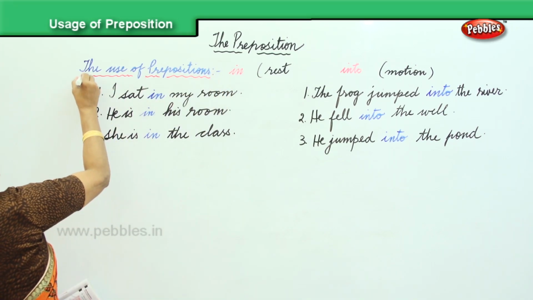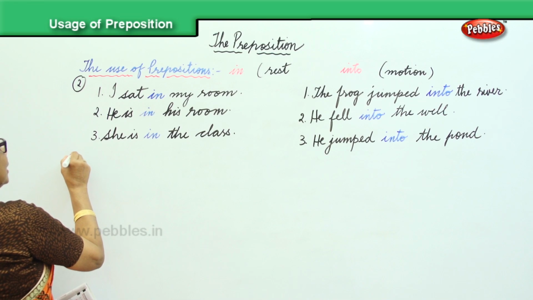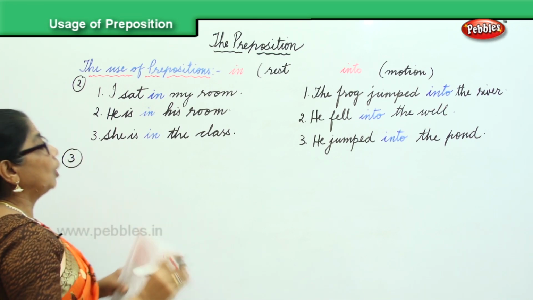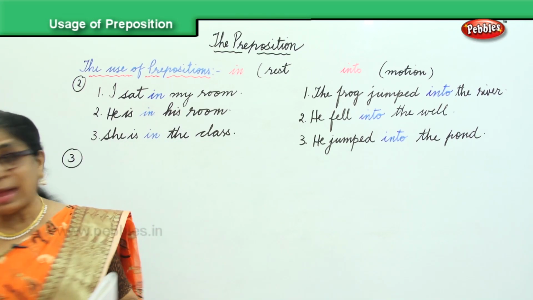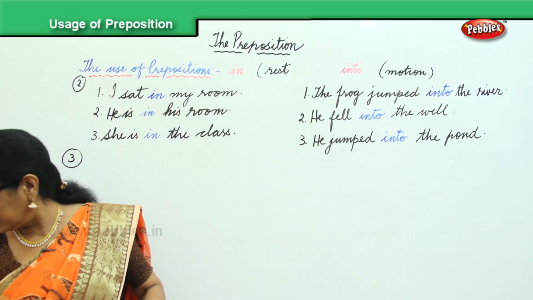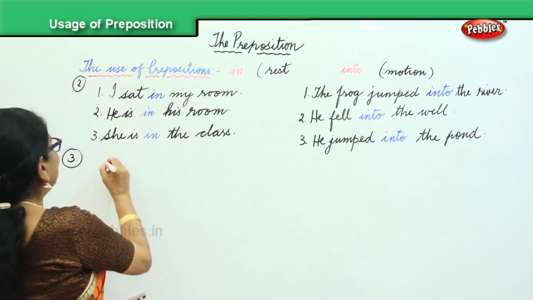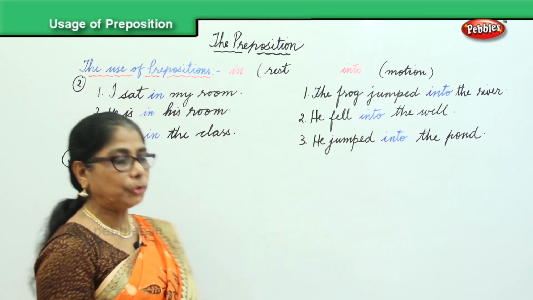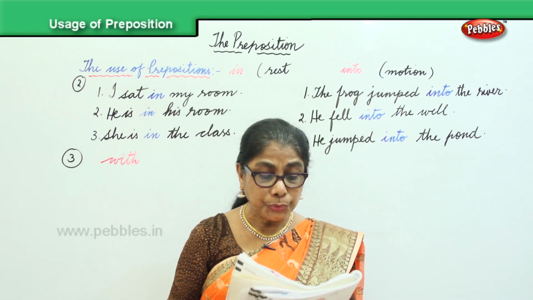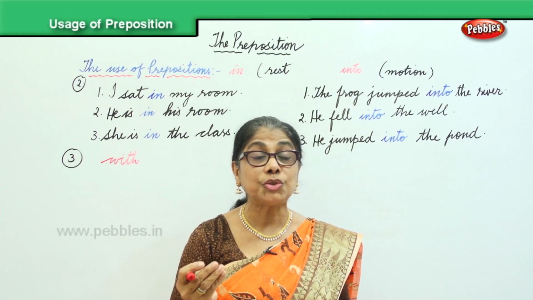And the third usage, we have words like with. When we say with, what are we talking about? With is used to denote an instrument.